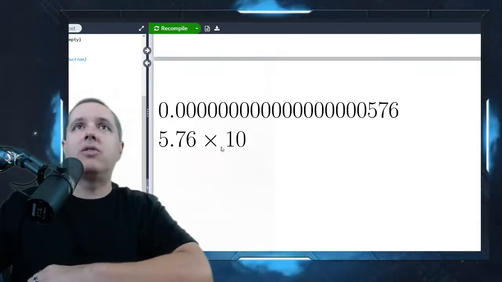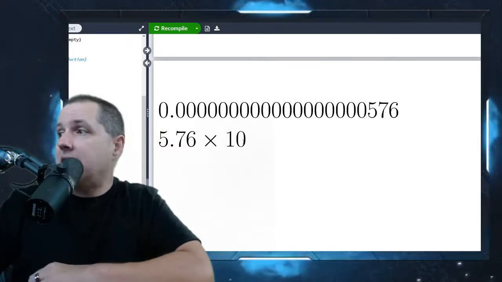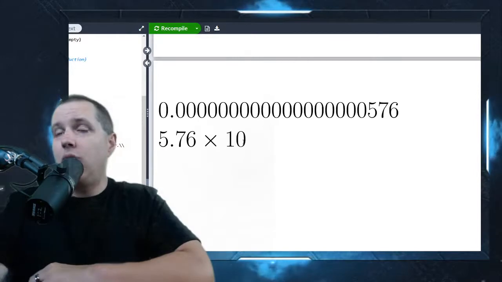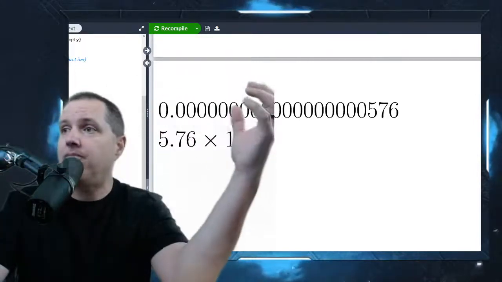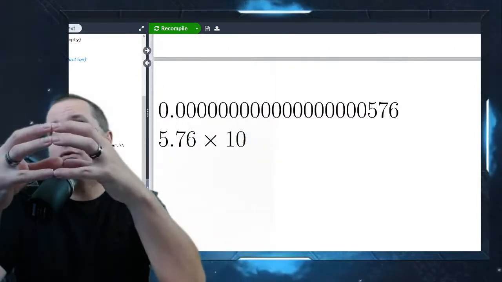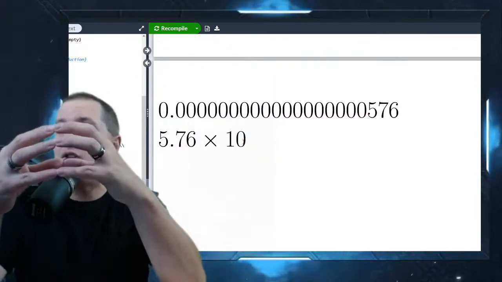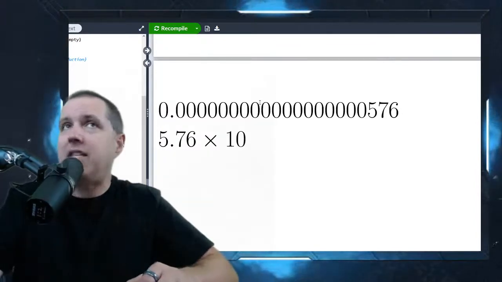Well, in this case, we're dividing by 10, so we're going to end up with a negative exponent, right? When we were doing the last one, we were multiplying by powers of 10 to make the number bigger. Now the number is going to get smaller. 5.76 is a bigger number than the one we're trying to represent, so we have to do divisions by 10.